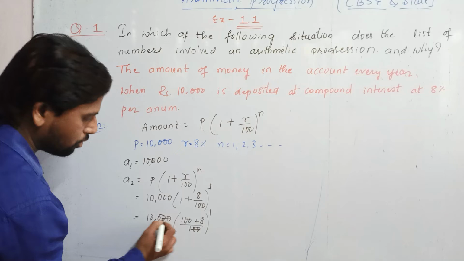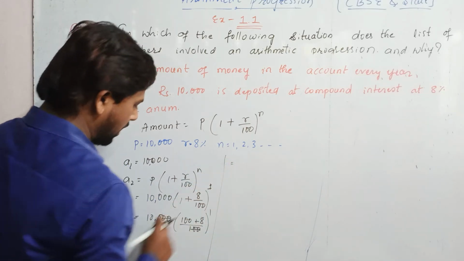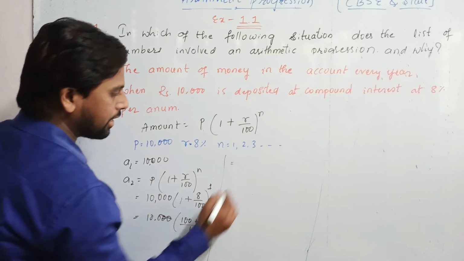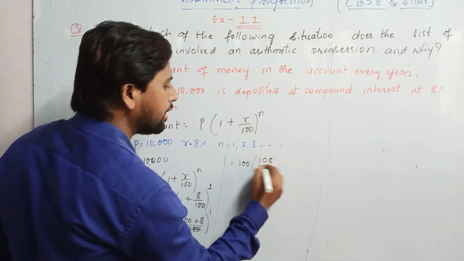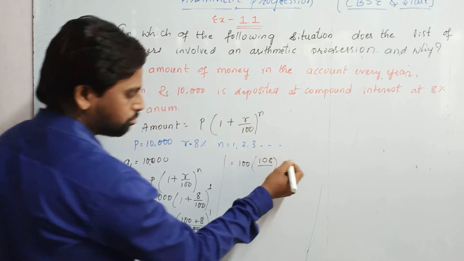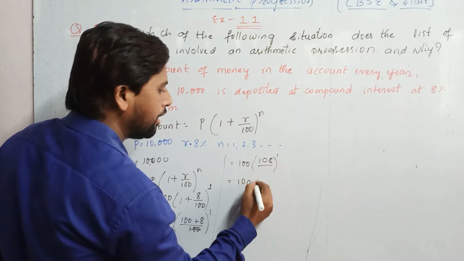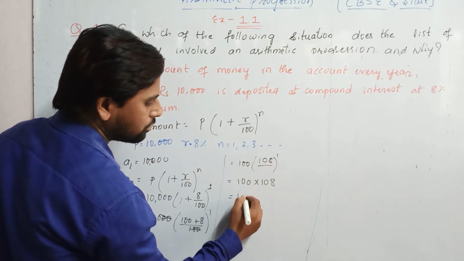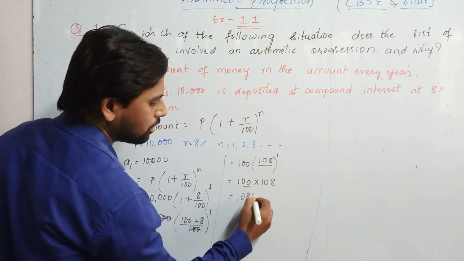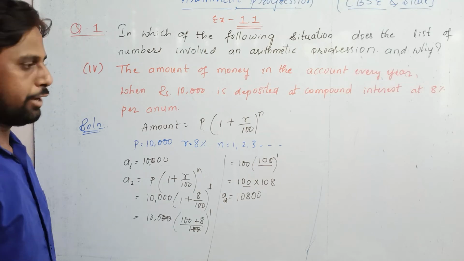Here 20 will get cancelled. So here what will remain, 100 bracket 108 divided by, nothing, that is power 1. So power 1 indicates the same thing, 100 into 108, it will be how much, students? 10,800. So this is what we can consider, students, it is A2.